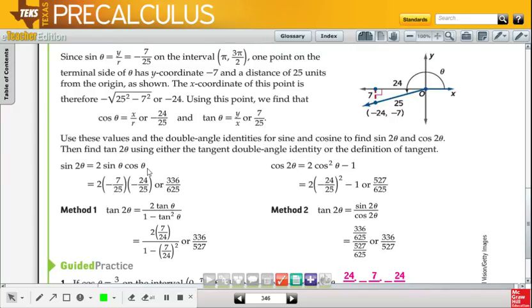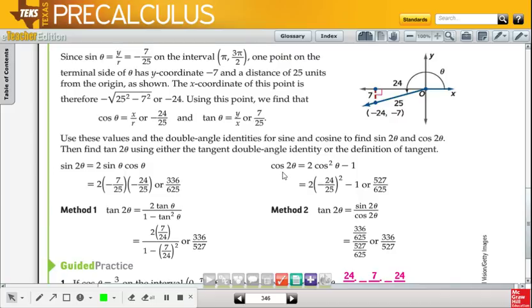And then cosine theta, after you solve for it, is negative 24 over 25. So all you have to do is 2 times negative 7 over 25 times negative 24 over 25, which will become 336 over 625. All you do is just multiply straight across.